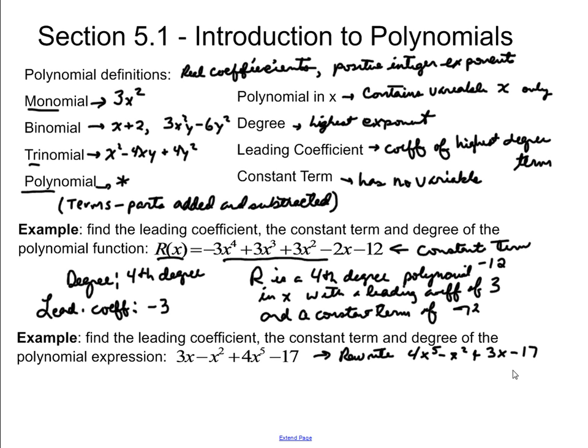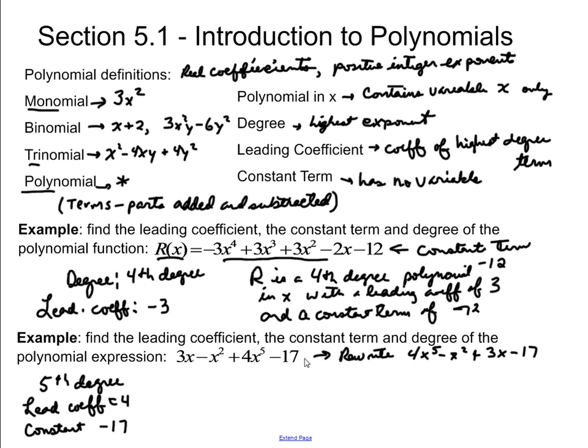So we've got 4 terms in our polynomial. The highest degree term is fifth, so it would be fifth degree. And it would be a leading coefficient of 4. And a constant term of -17. There it is, -17, right?